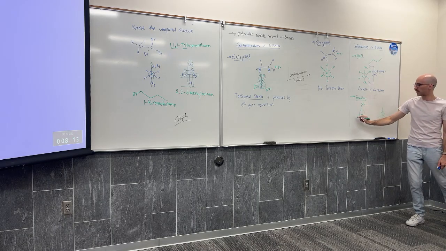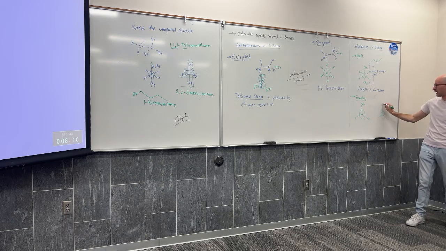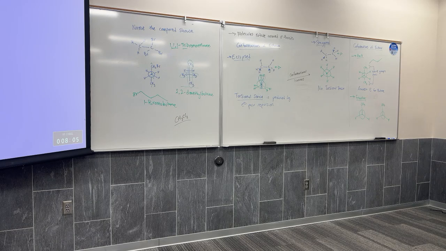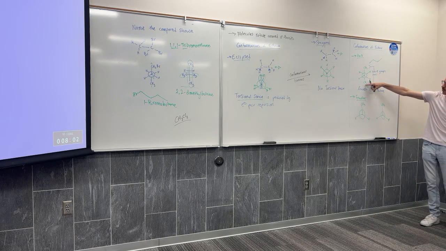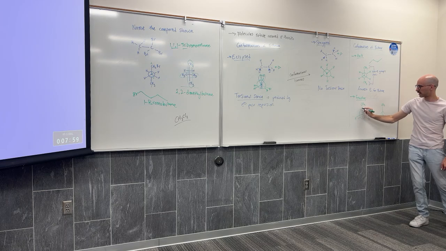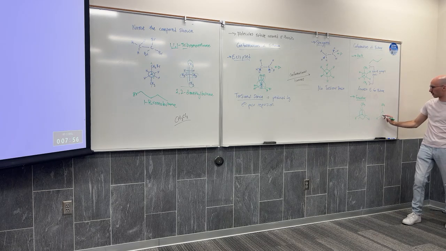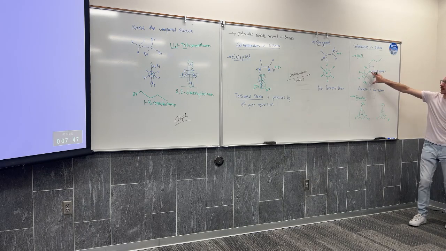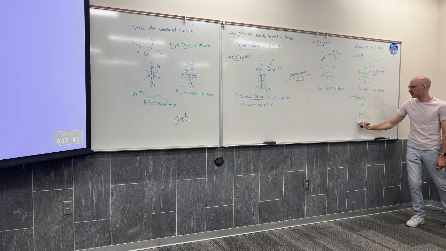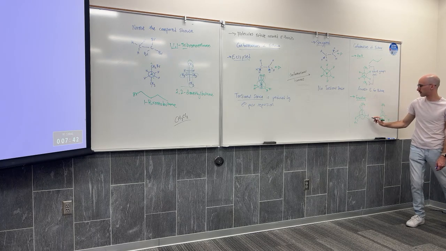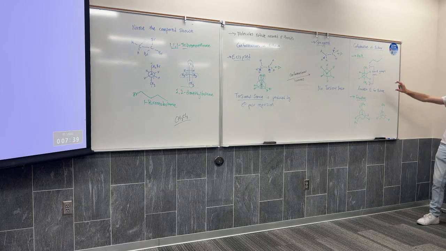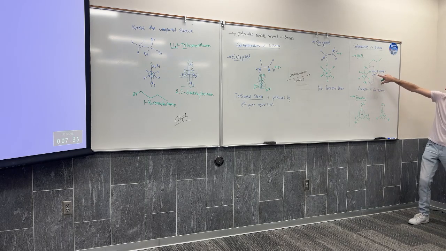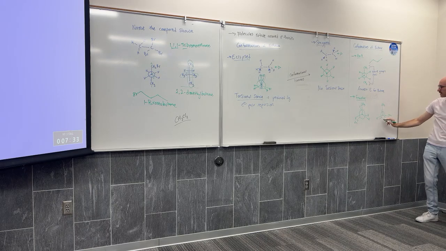I'm keeping my front carbon the same, so I'm going to draw in CH3 and H's. And I'm rotating my back carbon. So my back carbon no longer has a group coming straight down. It's actually going to be eclipsed with my front carbon. So I have to kind of draw them offset. If I rotate the back carbon clockwise, my CH3 ends up being here. If I rotate the back carbon counterclockwise, my CH3 ends up on the right.